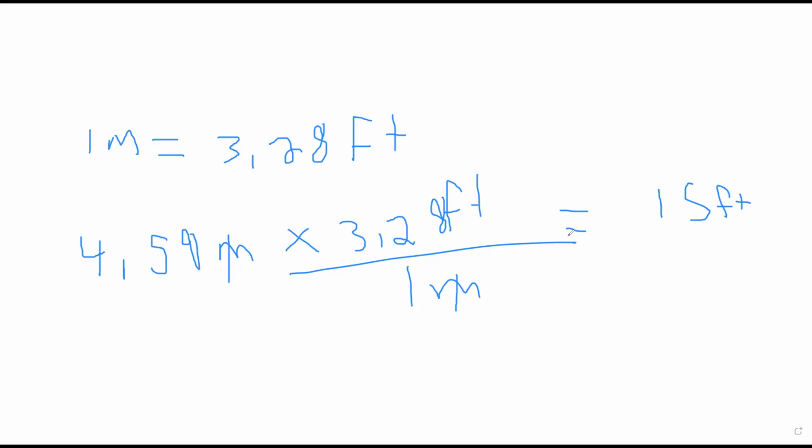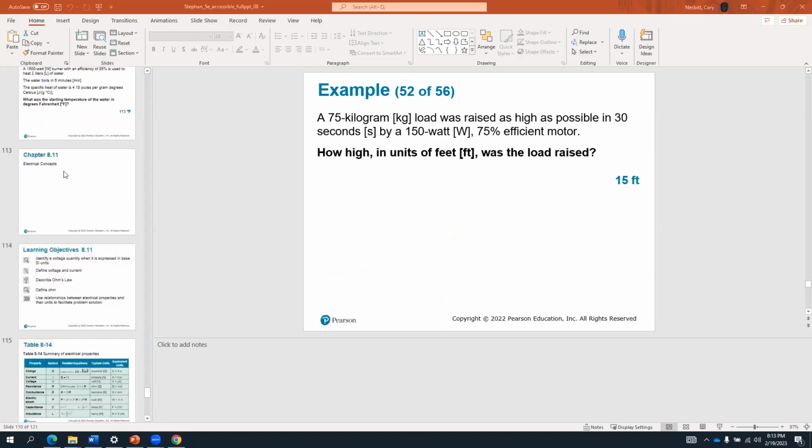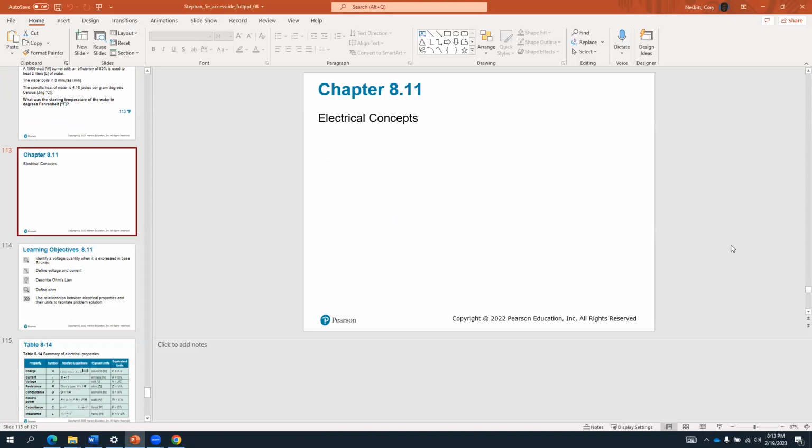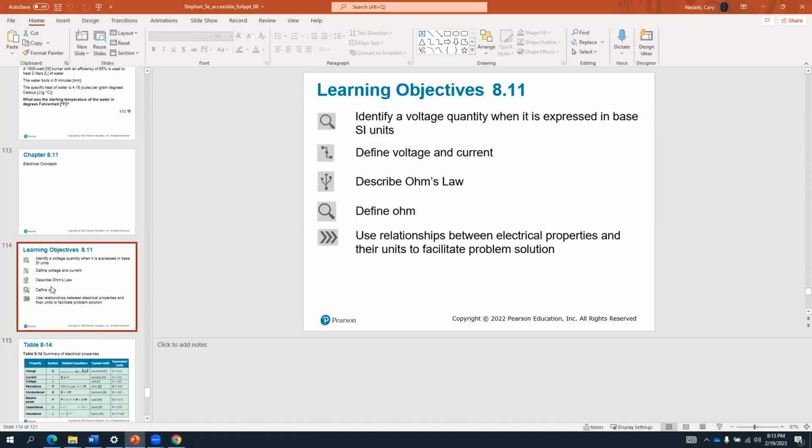All right, that's a good problem. Pretty good problem. Now, what we have been waiting for, electrical concepts. So things we want to identify: voltage, current.